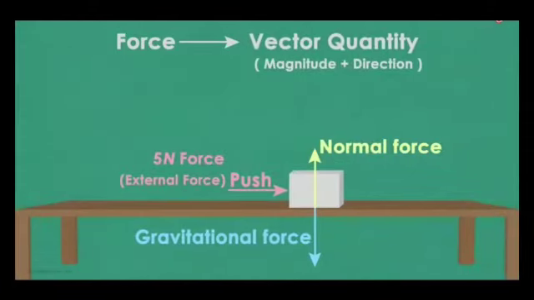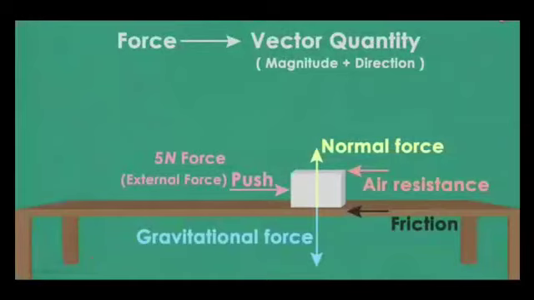Suppose we are applying 5 Newton force to the object. Which of the forces acted on the object while moving towards the right side? The force which we applied, and forces of air resistance and friction towards the left side.